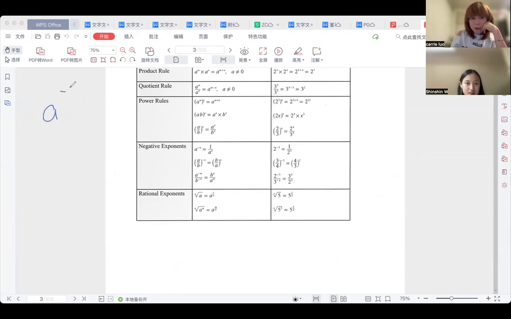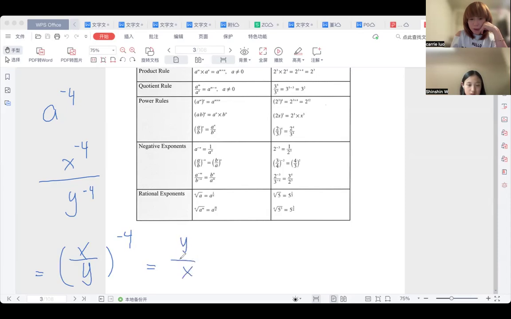But if you have something like x negative 4 and y negative 4, how do we do it? I strongly recommend you change it to x over y power negative 4, then it equals y over x power 4, which equals y^4 over x^4. Understand?